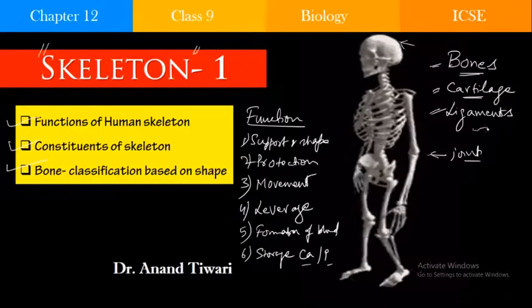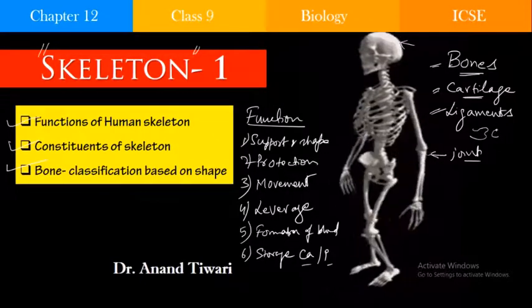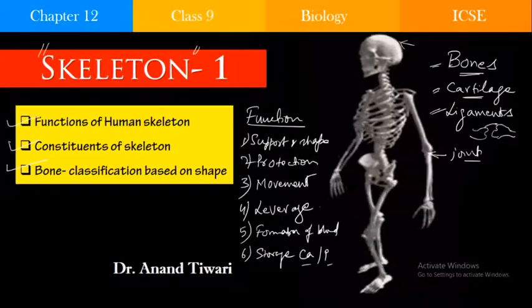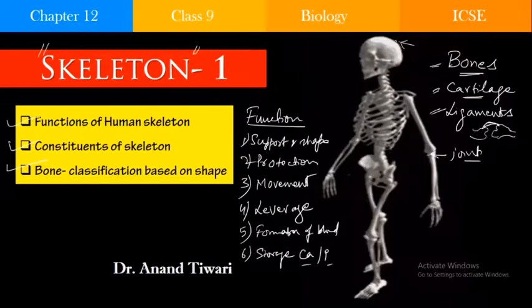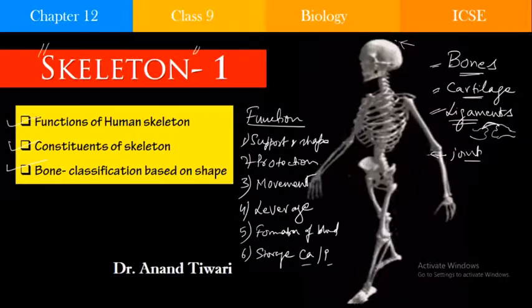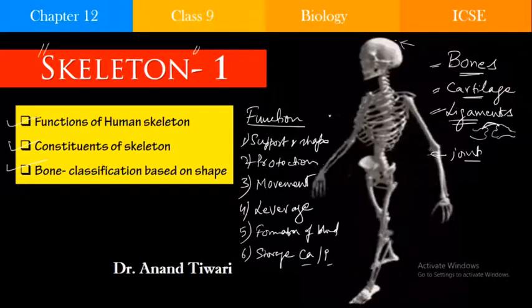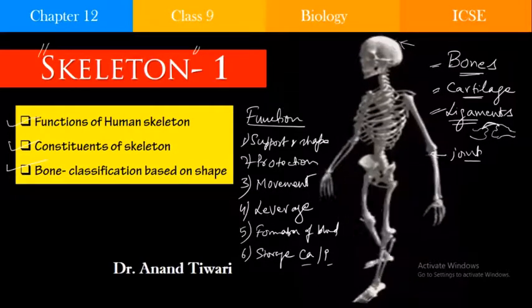There is one bone and another bone, and these two need to be held together. This bone to bone contact is with the help of the ligaments. So these are the three important constituents of the human skeleton. We will look in more detail about the bones.